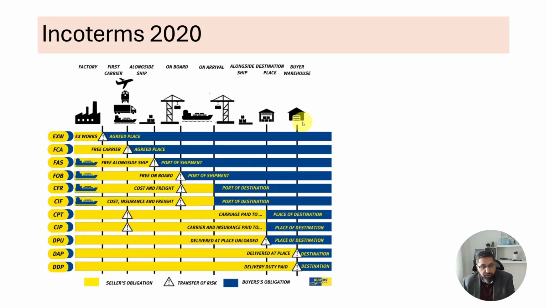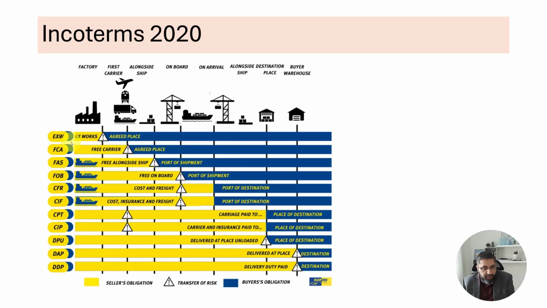I mean, they'll eventually have to go to the buyer's location, and between the destination place and the buyer's location, you may have the buyer providing truck service or transportation, paying for transportation. Okay. So those are the different stages.